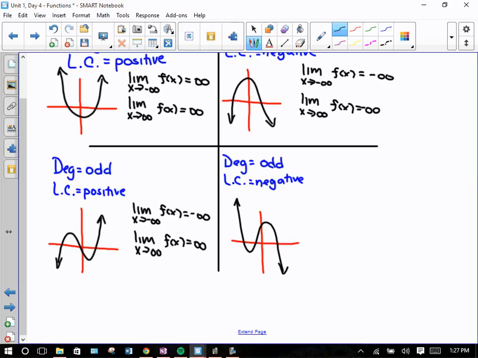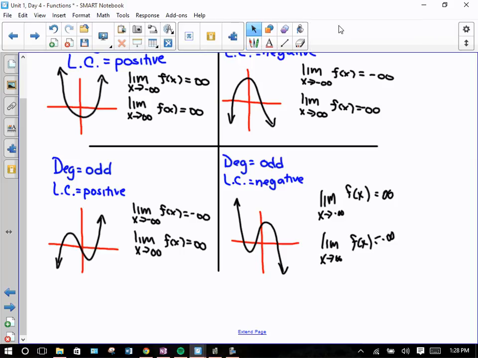The middle may look entirely different, right? And so what you're going to have is the limit as x approaches negative infinity of f of x is equal to positive infinity, and the limit as x approaches positive infinity of f of x is equal to negative infinity. And again, every time you have an odd degree function with a negative leading coefficient, that's the end behavior.